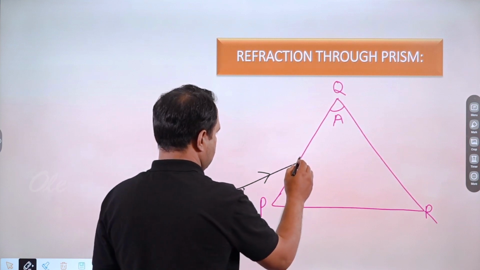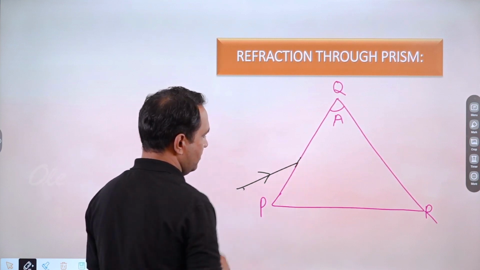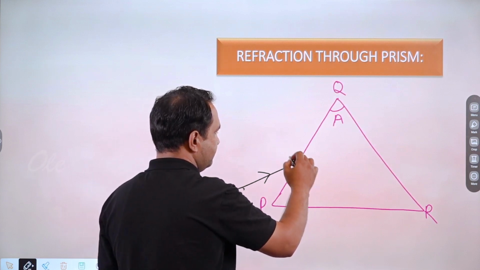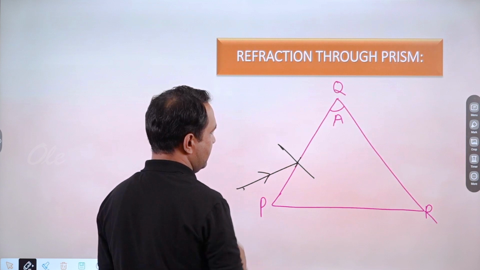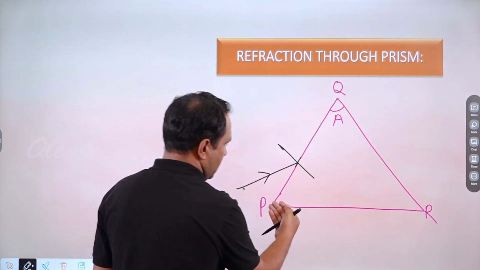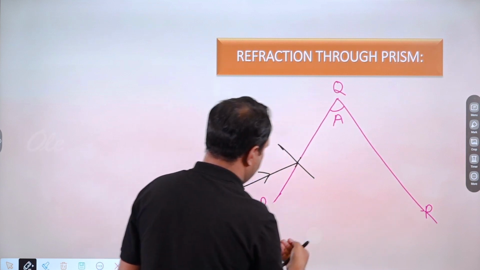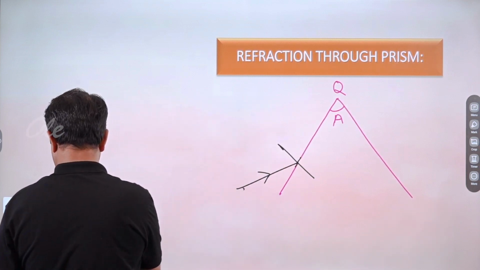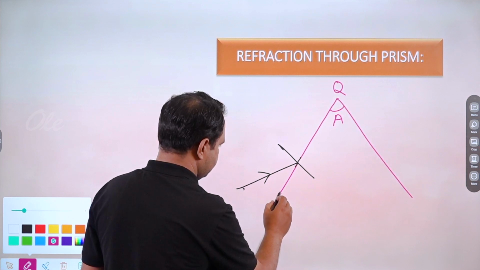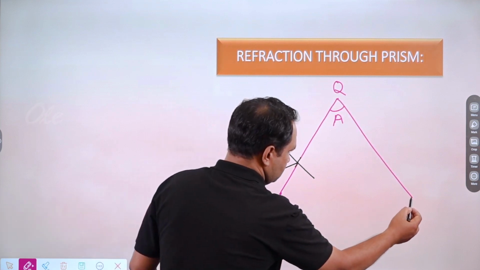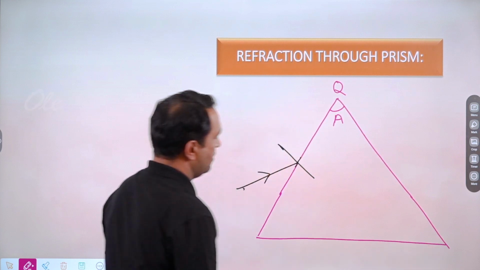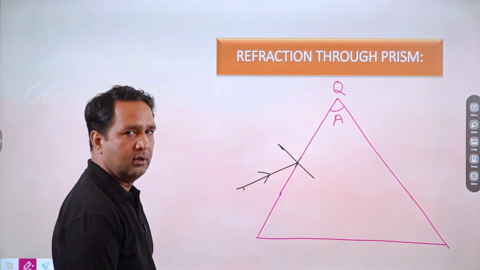So where will it go? To know that, we will draw a normal here. So this is the normal. Let's make it bigger. Okay, so we draw a normal here.